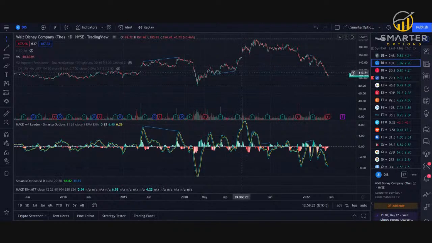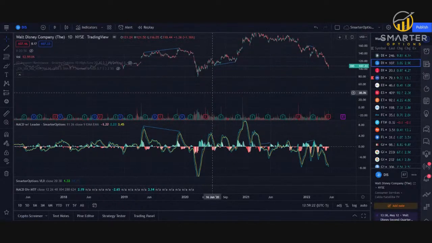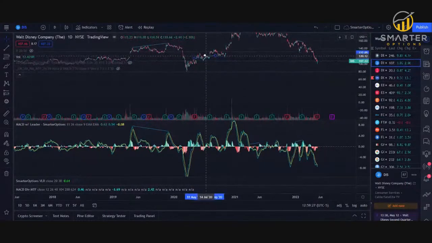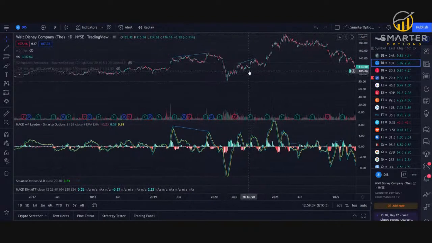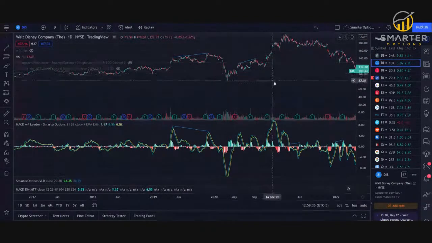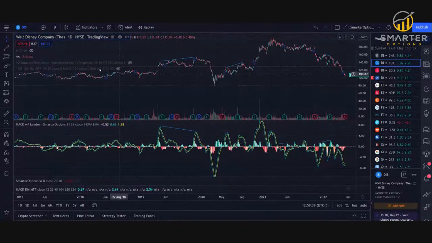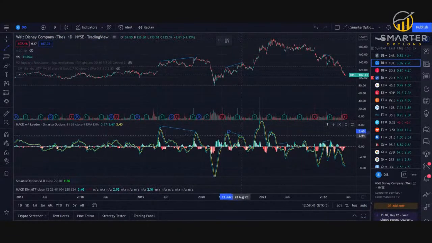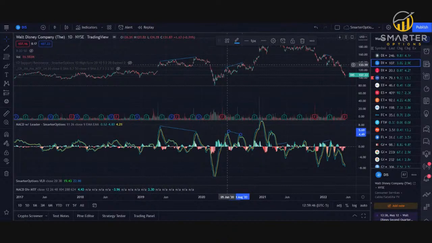Here we were getting higher lows, or higher highs. Okay, we're getting higher highs. And then here we were getting lower highs. This is a sign of a bearish regular divergence right here. Higher highs, lower highs, bearish divergence.